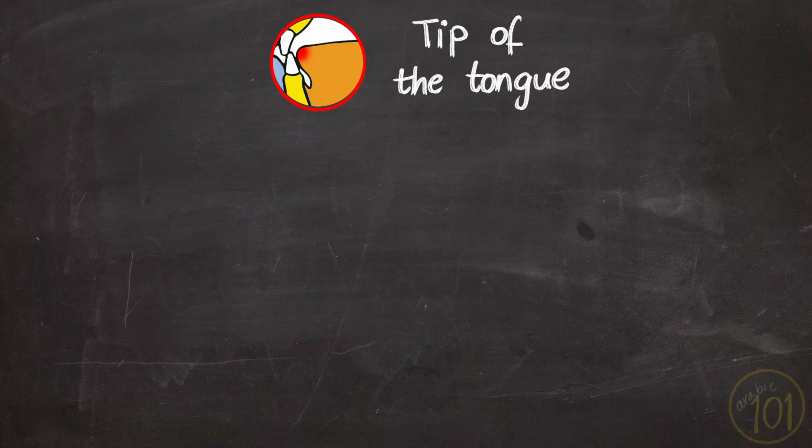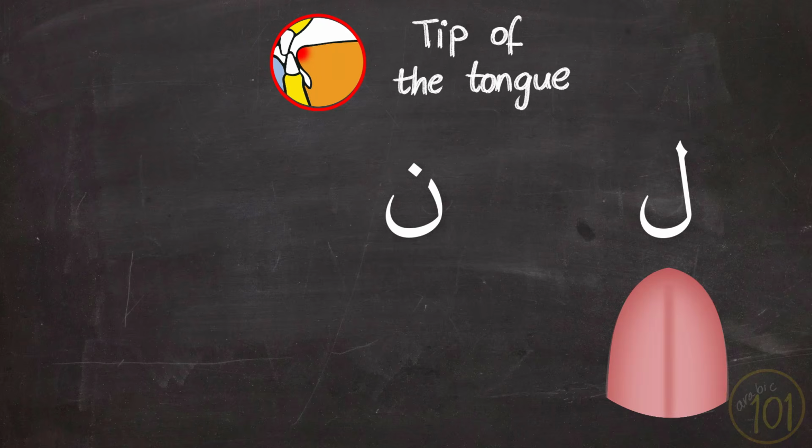To understand which part of the tongue exactly is used, we'll compare Ra to the two neighboring sounds, Lam and Noon. When pronouncing Lam, this much of the tip of the tongue makes contact with the alveolar ridge. So this whole part is pressing against the alveolar ridge, producing the L sound.